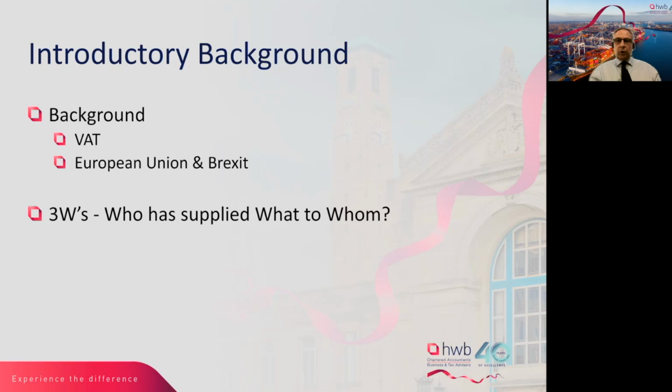This has come into sharper focus following Brexit. I don't want to talk too long about Brexit, but it introduced a significant change for the UK. Crucially, the UK has now become a third country for the EU for VAT purposes. This means we're not part of the European Union's single market, and as a result, from a UK angle, we're only worried about whether our transaction is involving a UK or non-UK customer.